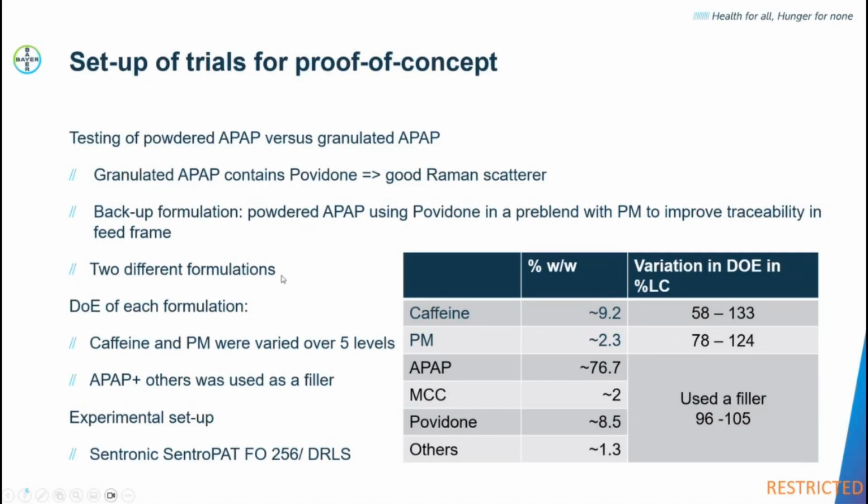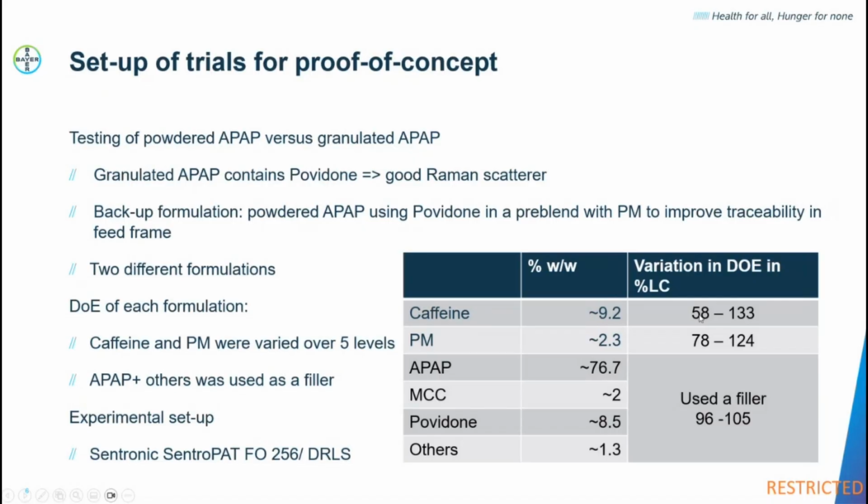So in the end, we had two different formulations, and we did a DOE of each formulation. Caffeine and pyrilamine were varied over 5 levels, and APAP and everything else was used as a filler. These are the variations that were used.